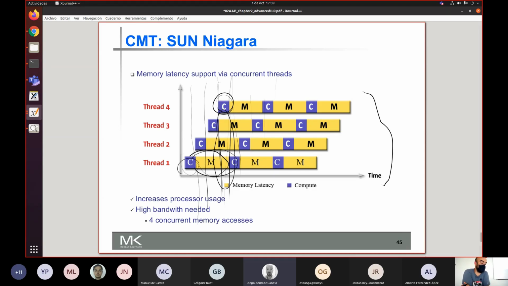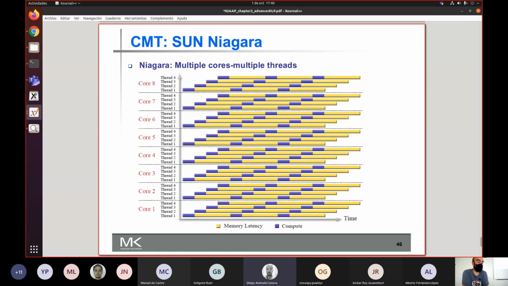Moreover, if you think of the whole system, 8 cores running 4 threads each, they run a total of 32 threads. This can put a lot of pressure, for instance, on the main memory, because the main memory is shared among all the cores and all the threads. So at some point, if you are unlucky, you can have a lot of pressure on the memory system.